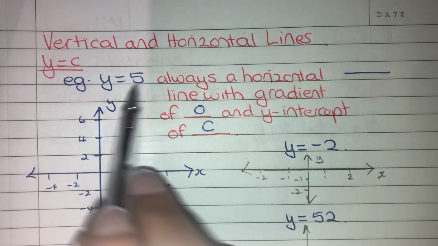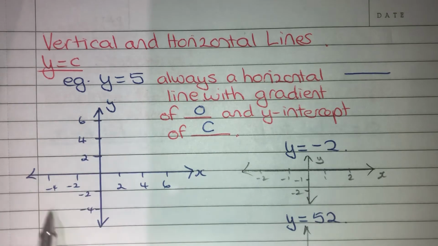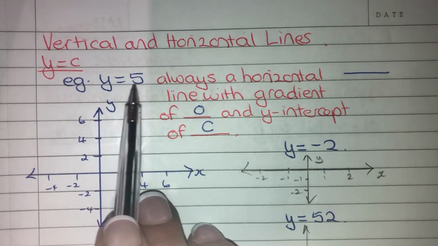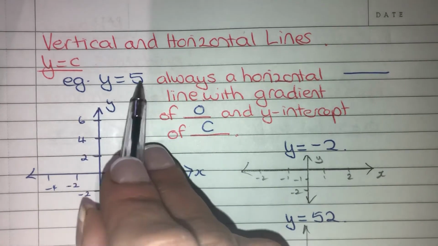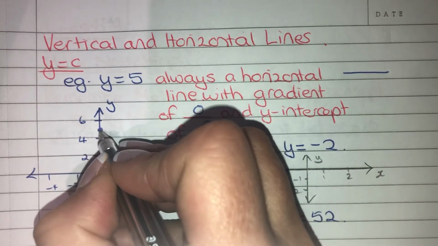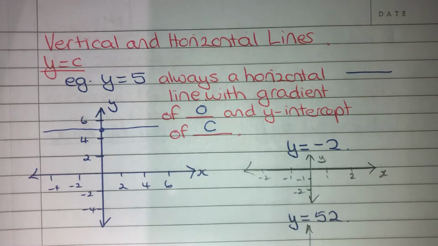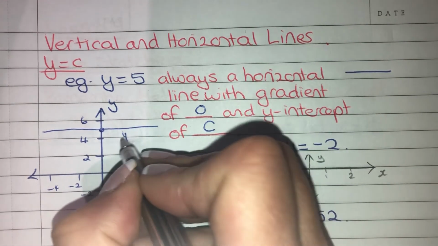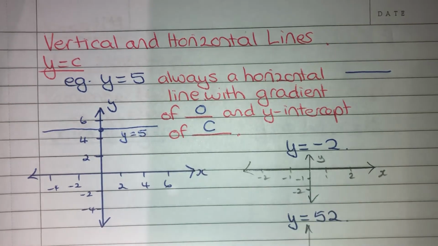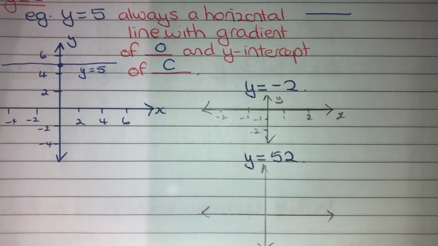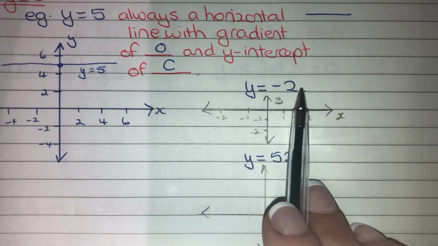So let's have a look at what this looks like. Here's my graph. I want to find where y is 5. So I go to y equals 5. And it's here. And we draw a horizontal graph. Now I'm pretty sure we did these yesterday. So hopefully this is nice and straightforward. Let's have a look at another one. Y equals negative 2.